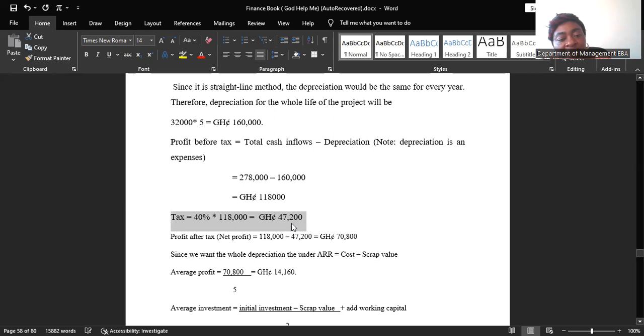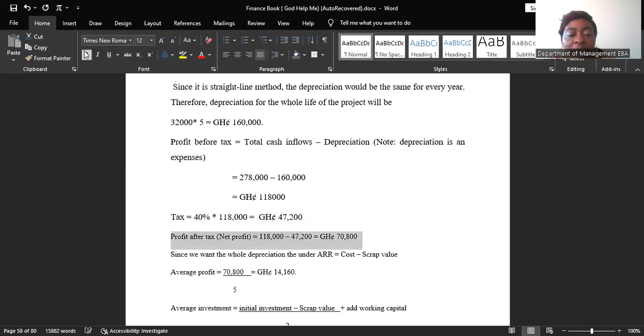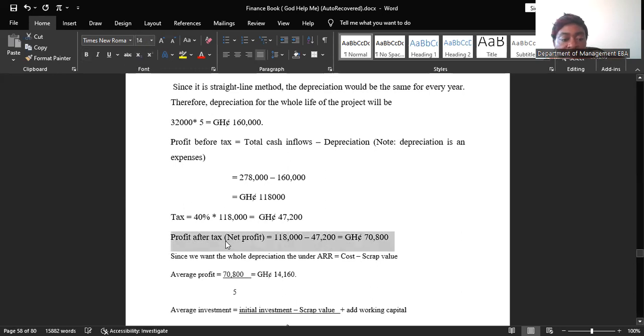We got 47,200. We have to subtract it because according to the formula, profit is total cash flow minus tax. So we subtract tax from it, and we got 70,800.